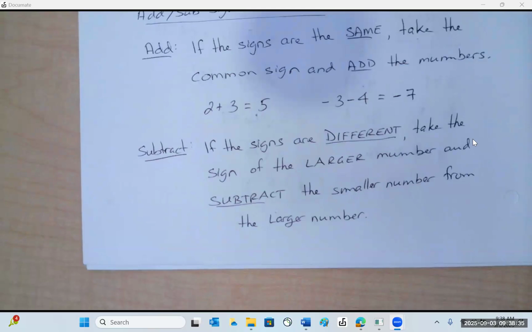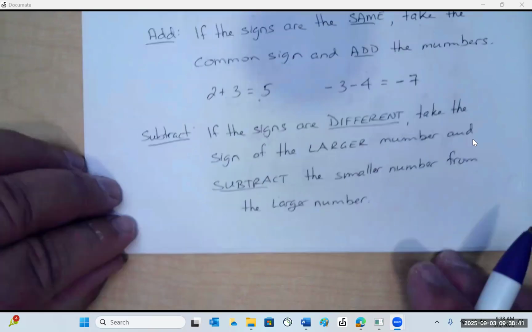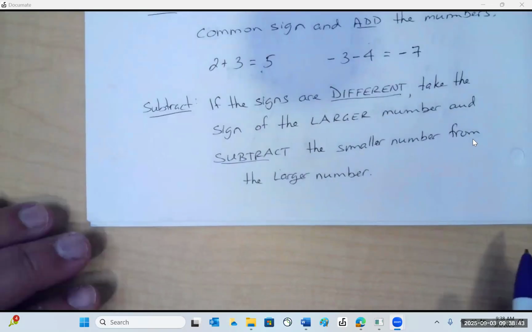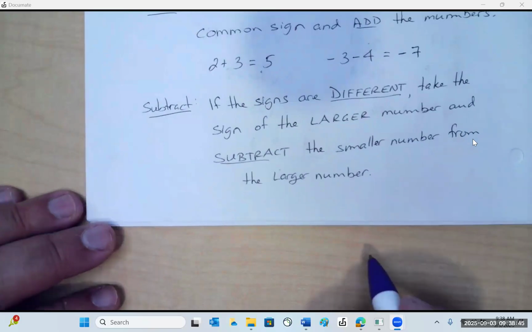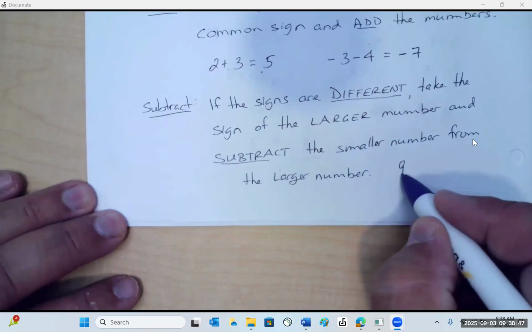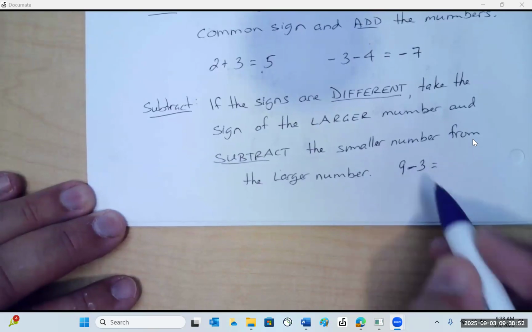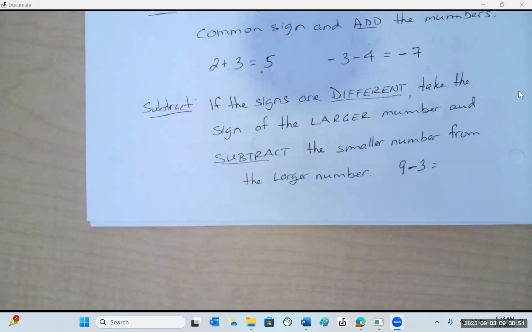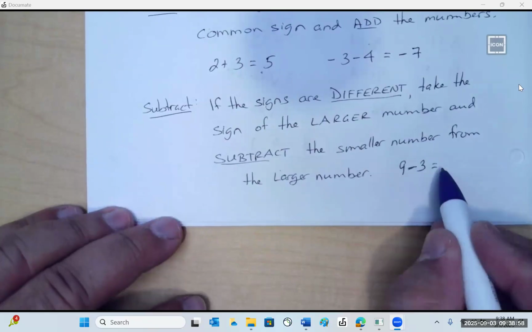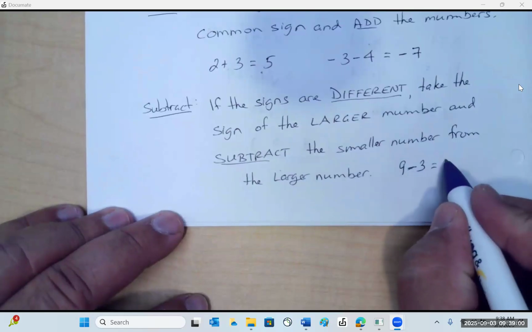So if the signs are different, take the sign of the larger number and subtract them. For example, 9 minus 3. Is the answer going to be positive or negative? Positive. So it's positive. 9 minus 3 is 6.